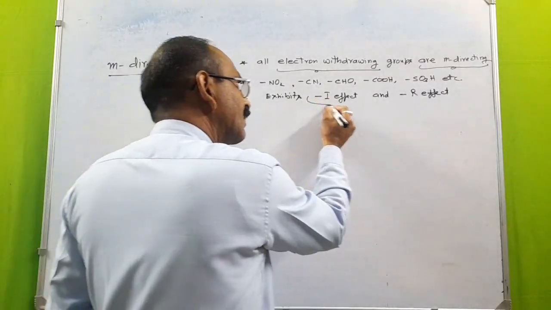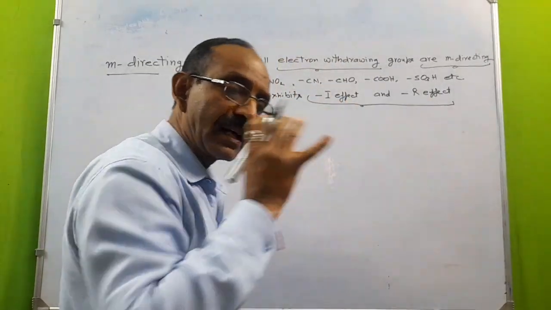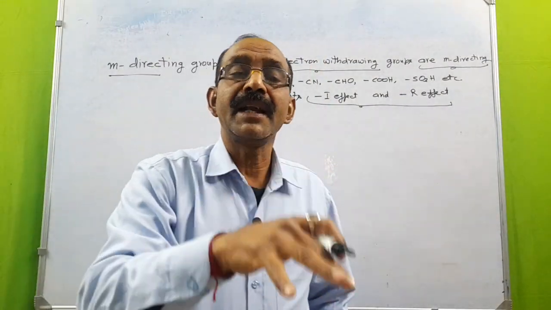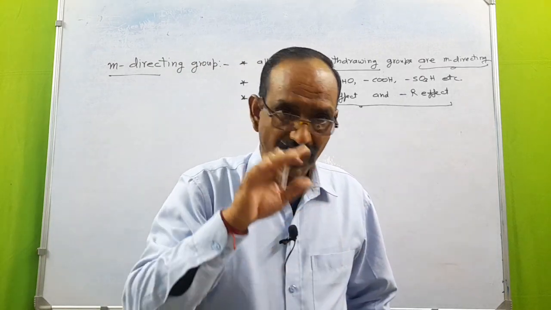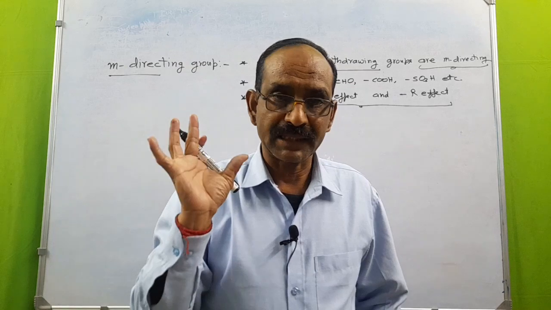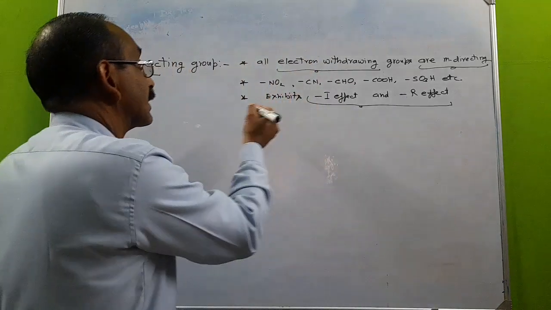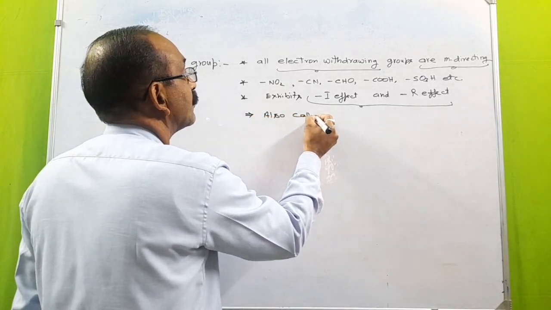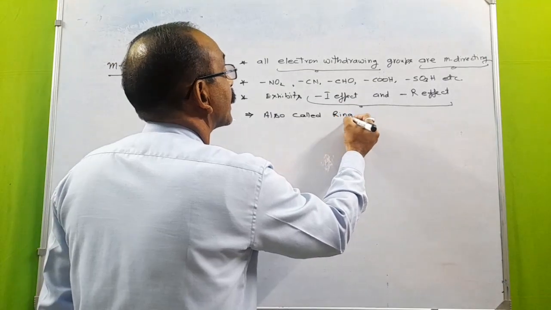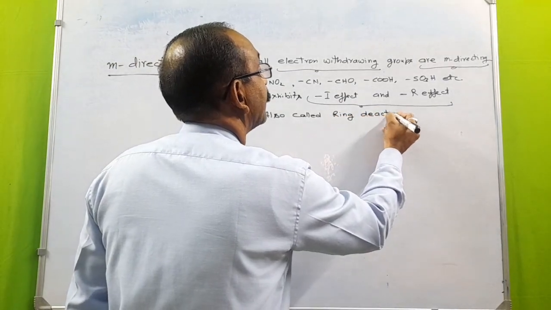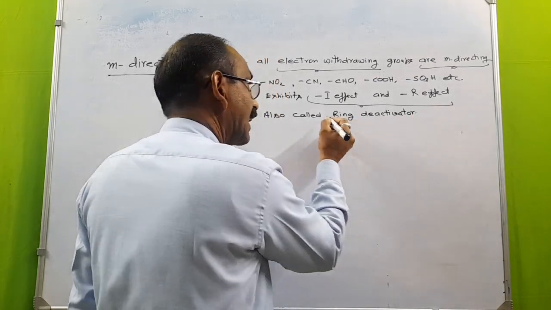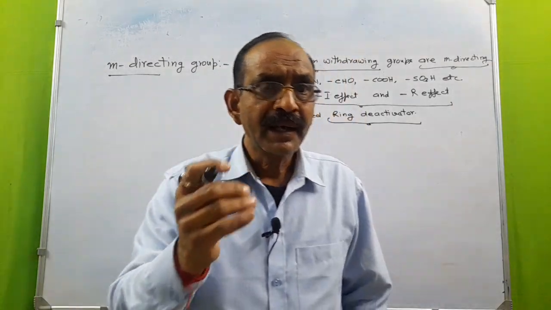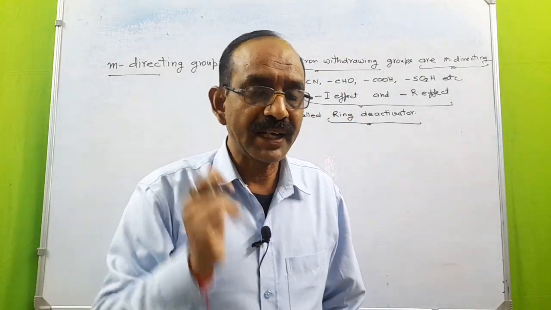Due to the minus I and minus R effect of the electron withdrawing group, they decrease the electron density at position 2, 4 and 6, and therefore these are also called ring deactivators, because they are decreasing the electron density, making the ring less susceptible to electrophilic attack.